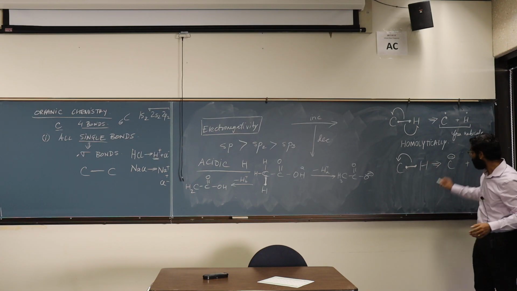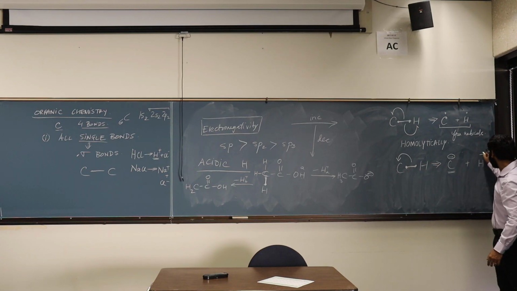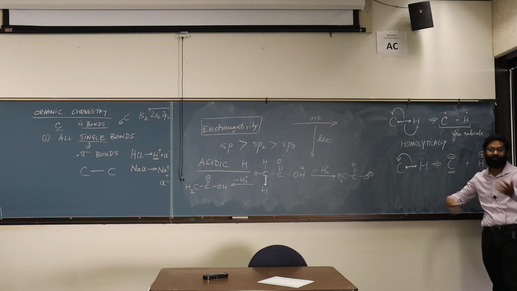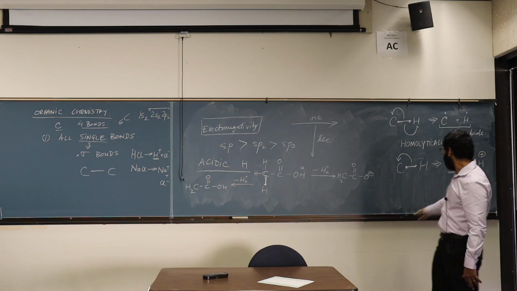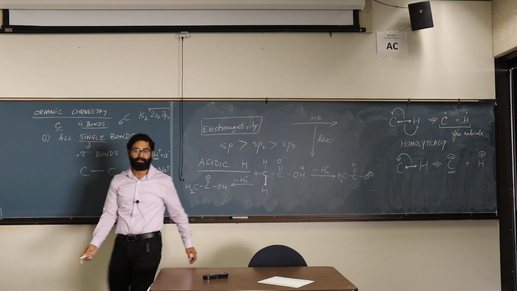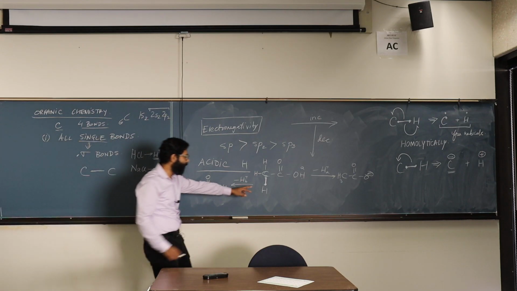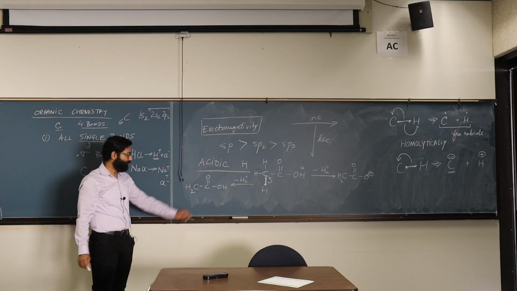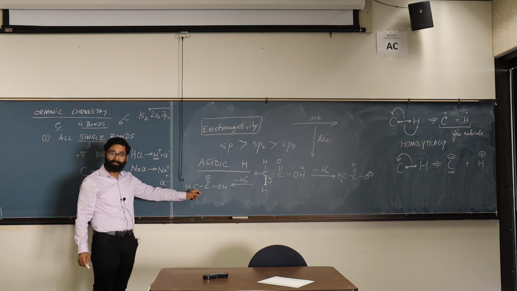Clear? So this is the anion, this is the cation. There has to be charge balance in everything. You cannot have charge floating around, right? So tell me, what is the charge on this carbon when this bond broke?